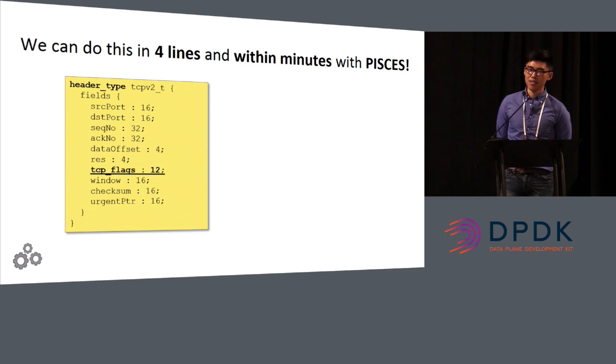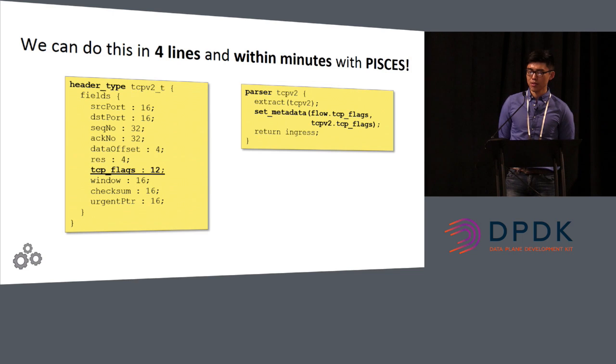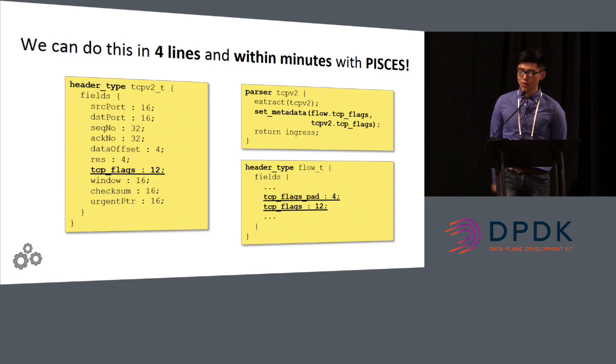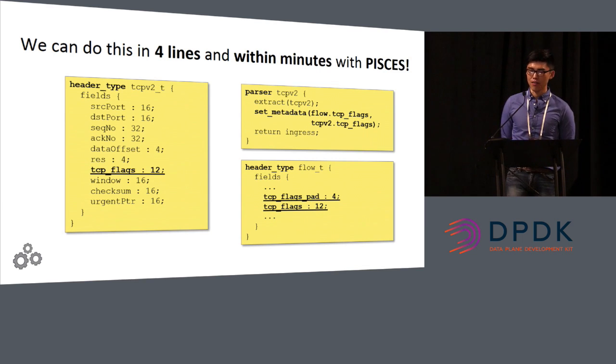Given the header, I define the parser as follows. I extract the TCP header, and then I set the metadata for the TCP flags. I'll tell you what those metadata mean afterwards. And then I also define another header type to store the metadata of the TCP flags. So this is the actual change that we made to enable TCP flag.